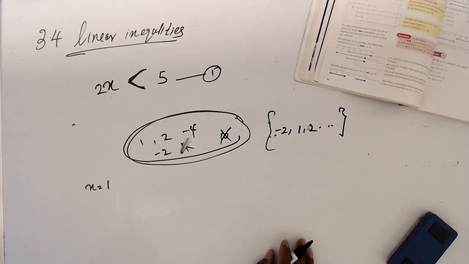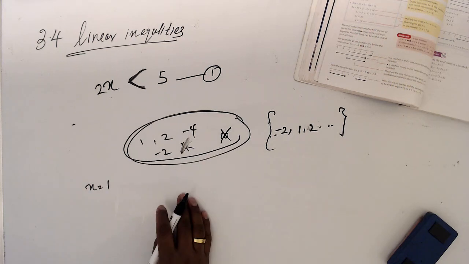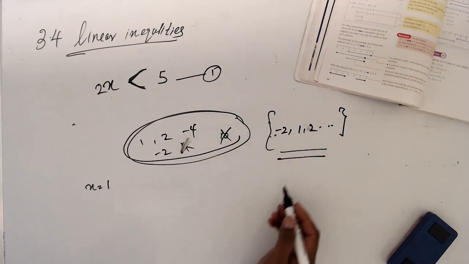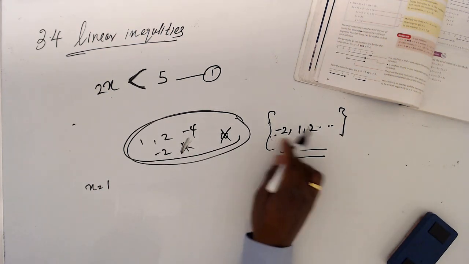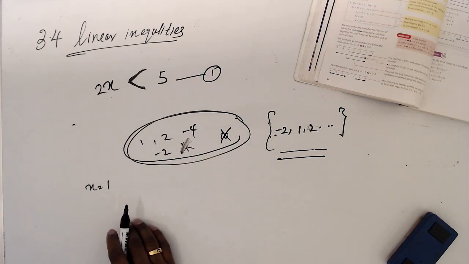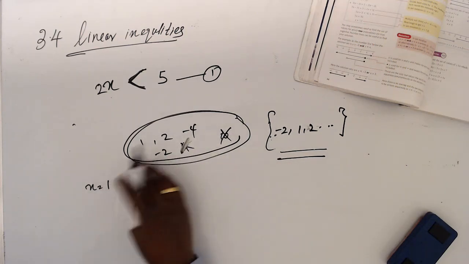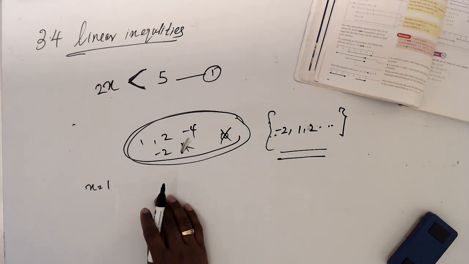So what are the numbers I need to put here? This is the solution for this inequality. Now we would have to do trial and error, an infinite number of trials. Instead of that, what is the short technique we can use?